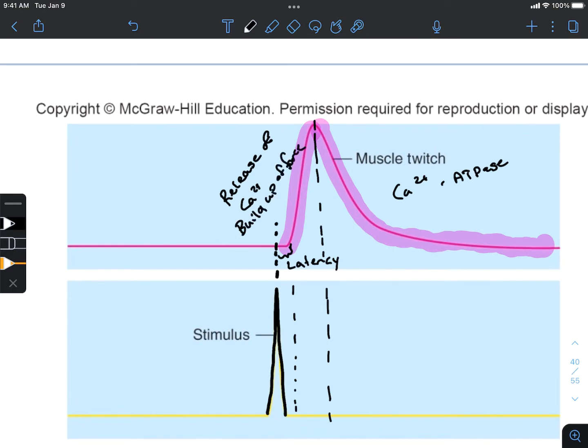Now, what happens though? Okay, now let's look at this. We're going to continue with this drawing. Let's pretend I get another action potential right here. What does that do?